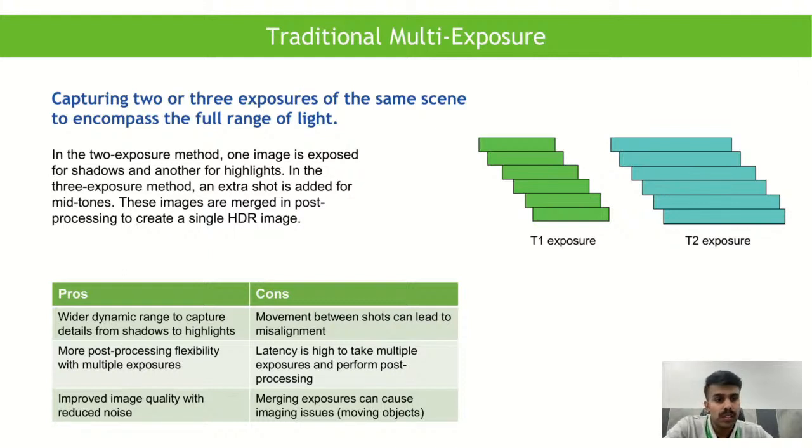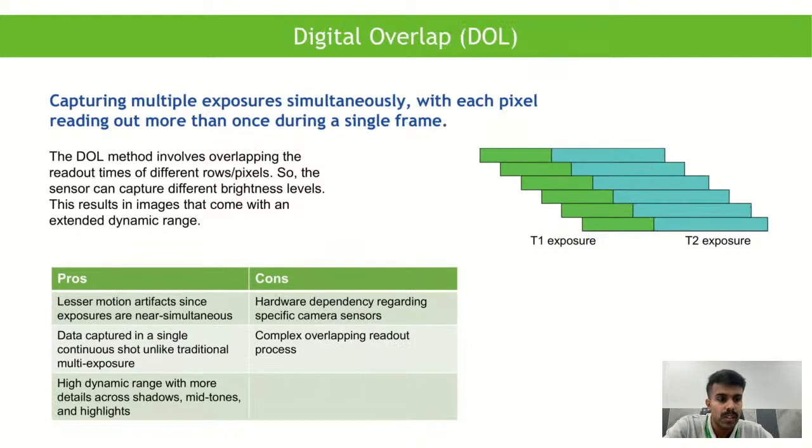Even though this method provides a lot of flexibility, the challenge is that because you are getting two different individual frames, if there is a lot of movement in the scene, this can lead to a lot of misalignment, and motion-related artifacts might be visible. Ghosting is one of the most commonly visible artifacts in a multi-exposure scene. One of the ways to overcome this limitation with multi-exposure is to use a technology called digital overlap.